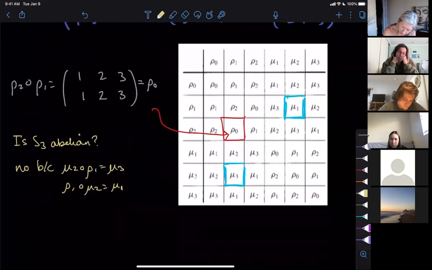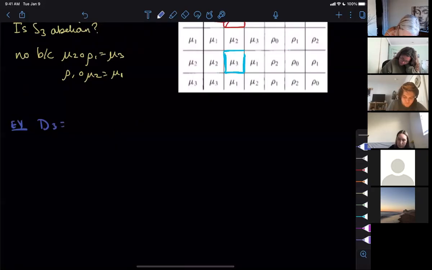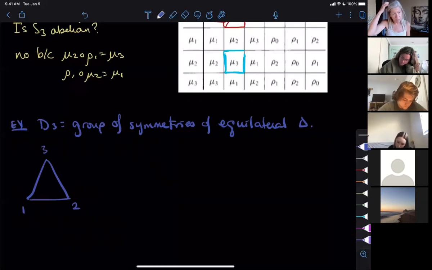Okay, let's look at this other group called D3. Let's say this is the group of symmetries of an equilateral triangle. Let's try to figure out what all the symmetries are. What does it mean for a shape to have a symmetry?